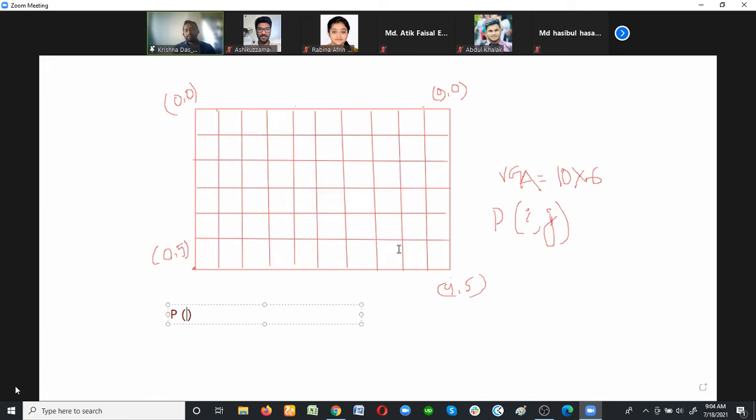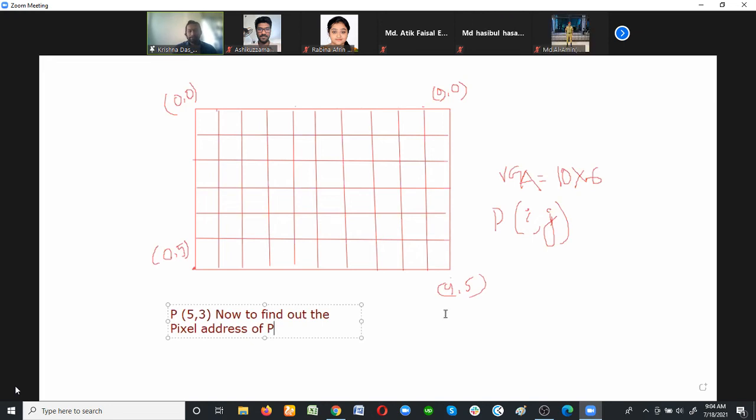So consider we may have say 5 and 3. Now to find the pixel address of P, what is the formula we know?